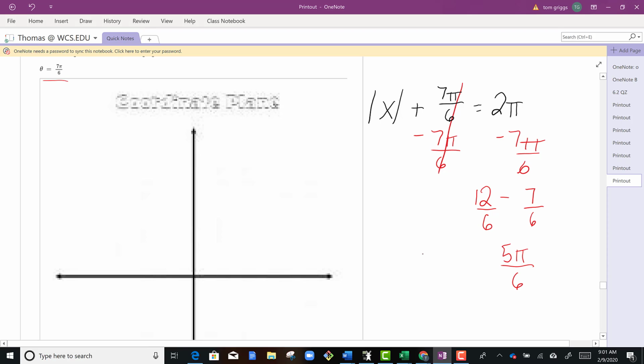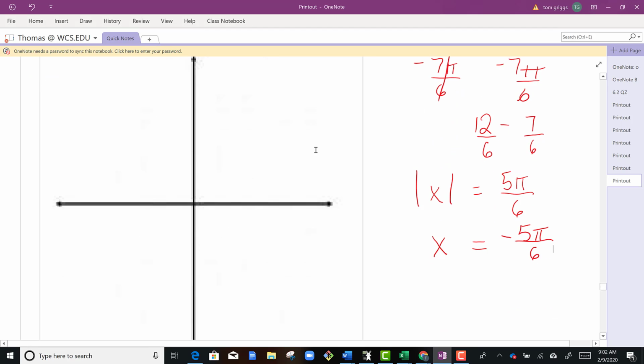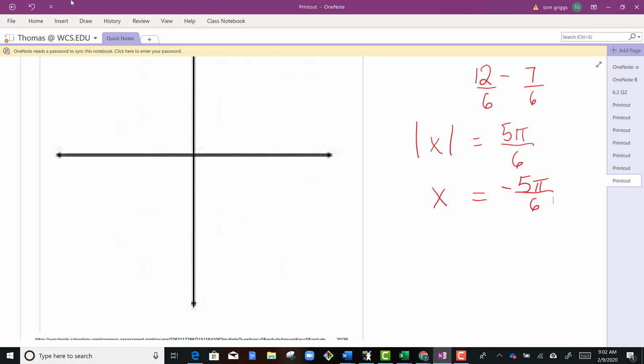So the absolute value of the angle has to be 5 pi over 6, but we know since this angle is positive, the angle that's coterminal to it has to be coming from the other direction, so it has to be negative. So essentially we're wanting to sketch the angle negative 5 pi over 6.